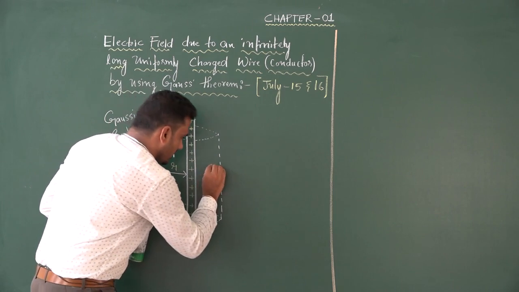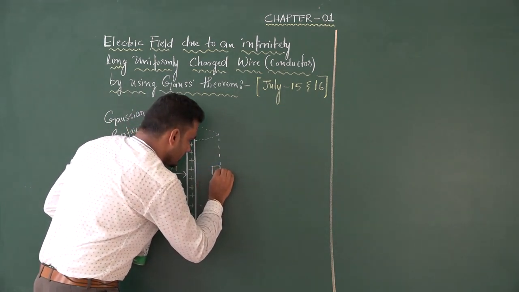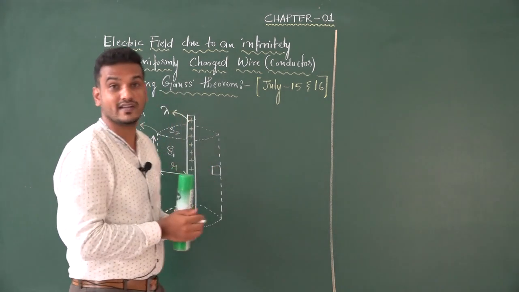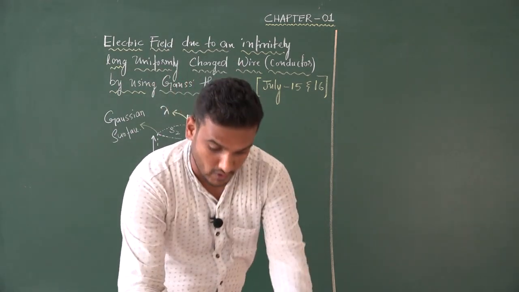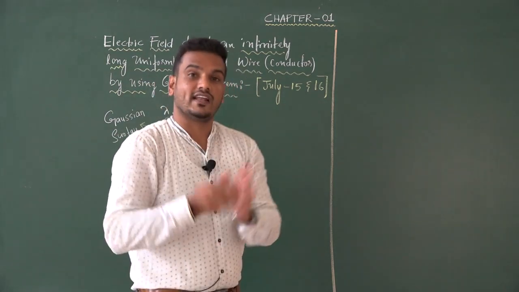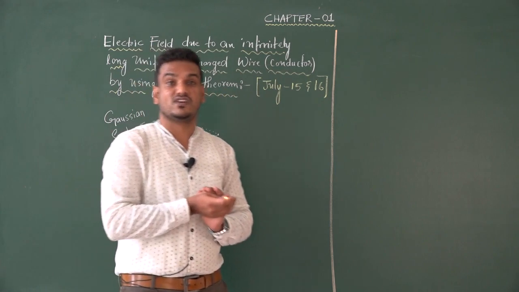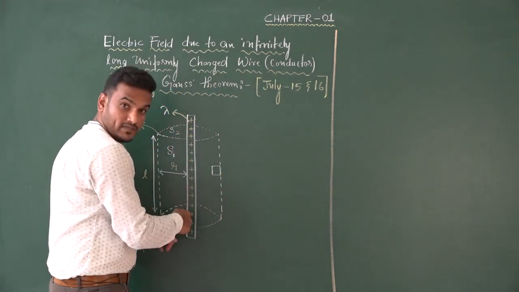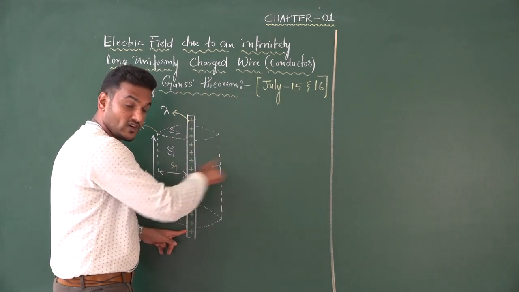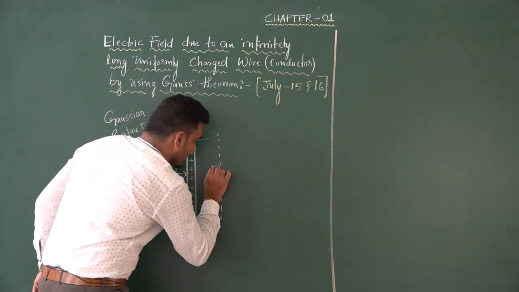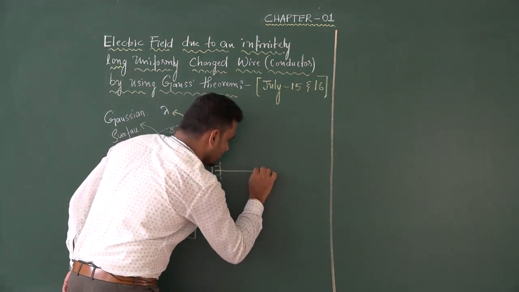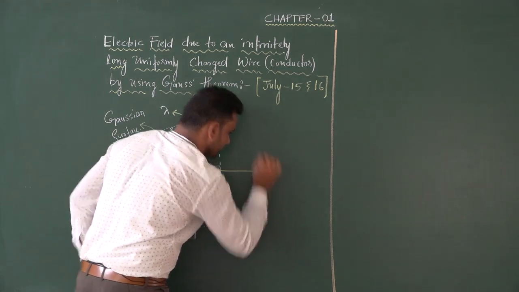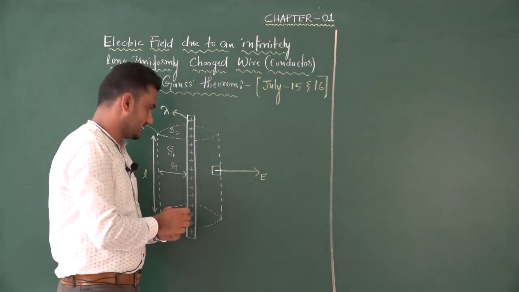So here in the curved surface I consider one area element. We know that the direction of electric field is always normal to the surface of a charged conductor. This is the charged conductor. So the direction of electric field is normal, means perpendicular. So the direction of electric field will be like this.